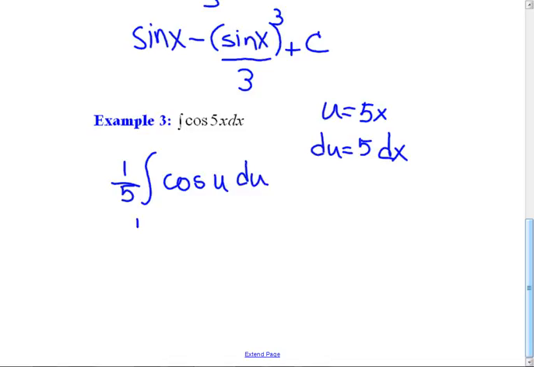Oh, that's not too bad. But, you know, you'll mess up with the 5. It's the cosine, whoops, forgot to anti-differentiate. I've seen that happen too, lots of times. Sine of u, but that's 5x, right? Plus c.